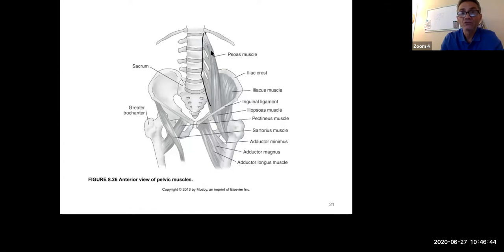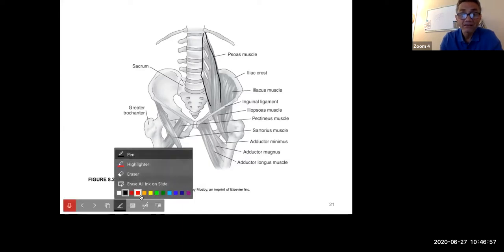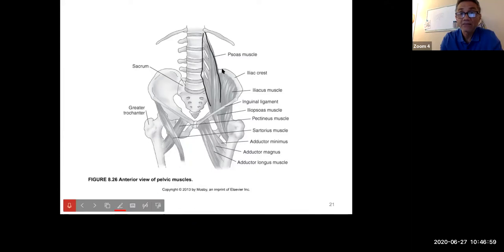Your psoas muscle starts from the lumbar vertebral bodies and descends into the pelvis. When it reaches the iliac bone, on the anterior aspect, we said there is a fossa.